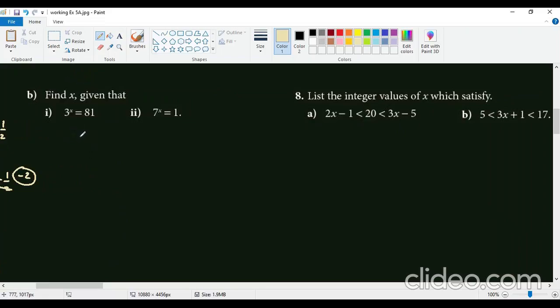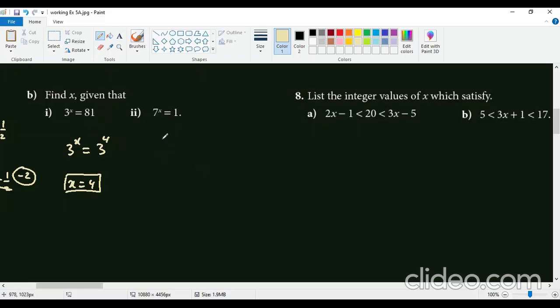That means I need to find out the value of x. So I know very well when bases are same, powers are also same. So if I write 3 to the power 4, it's going to be 81. That means when these two are same, powers are also same. That means x is equal to 4. In other words, in place of x, if I write 4, it's going to be a true statement, which is 81.